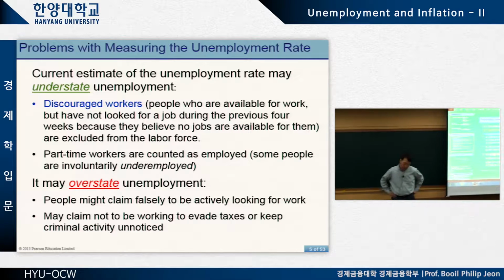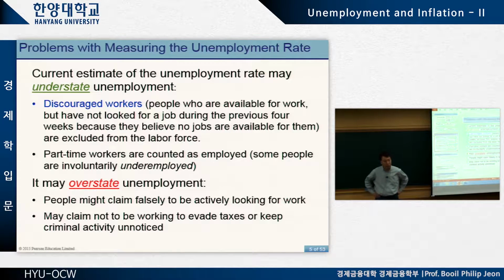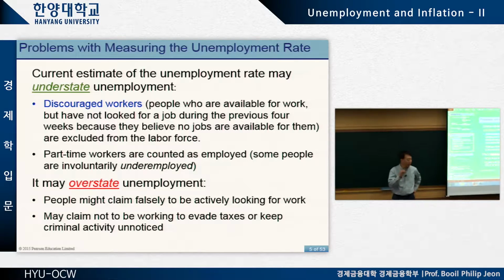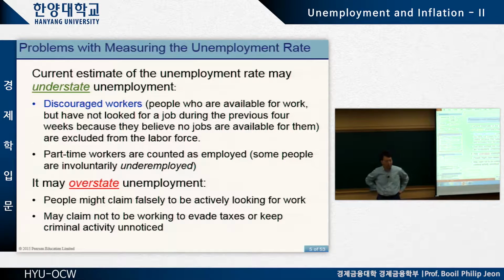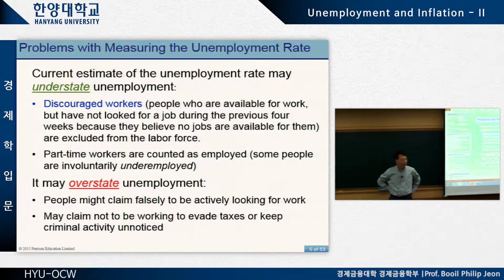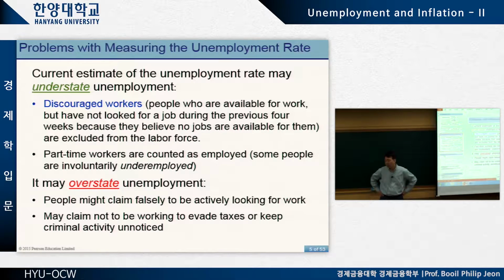And if you remember, as long as you work at least 1 hour during the week of the survey, you are considered employed. So part-time workers are considered employed. But some of those part-time workers may be working part-time just because they couldn't find a full-time job.